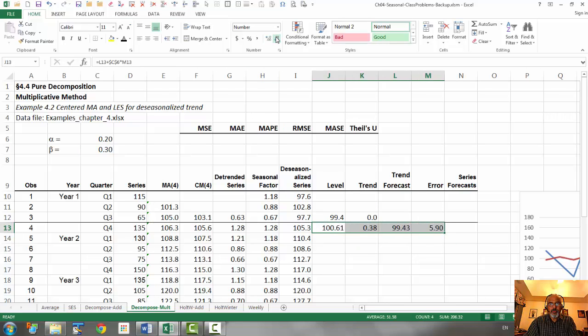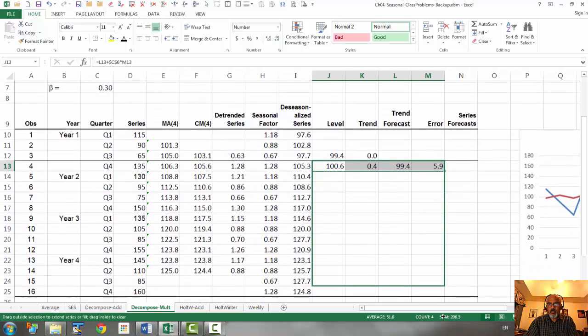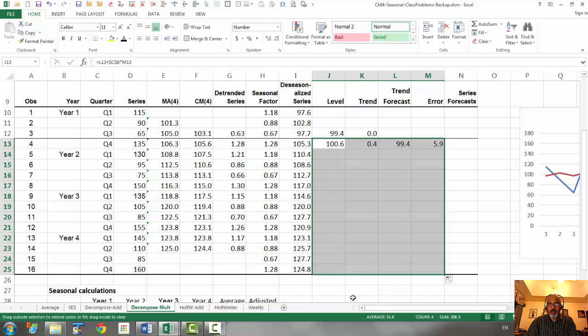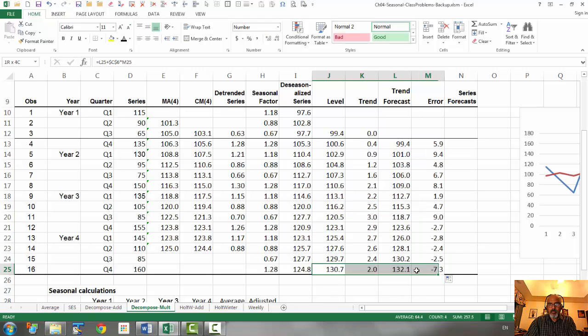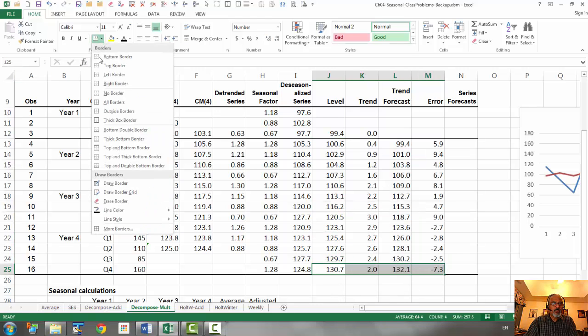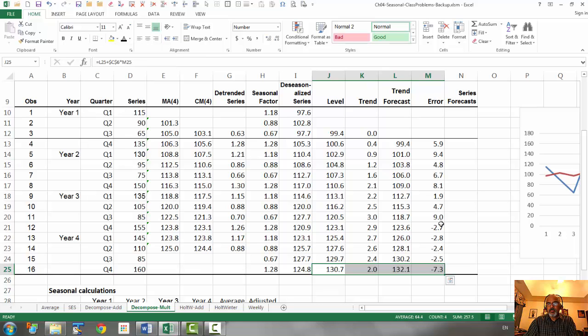Okay, now you copy, put the border back, okay, so that's our trend estimate.